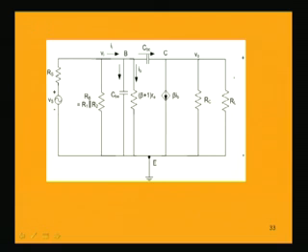Now, in this amplifier circuit, as shown by the arrow marks of these currents, the input current has now three parts. One will be going to this CBE, one will be going to CBC, and what is finally left will be the base current.